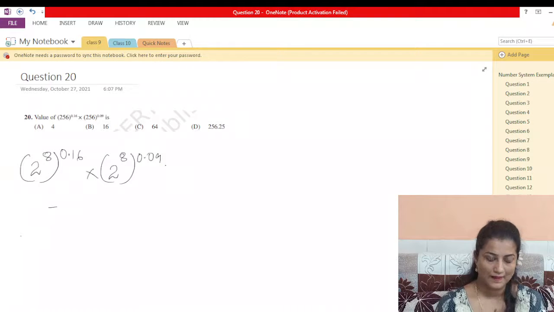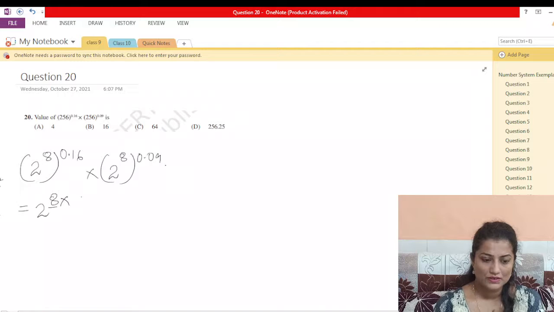Right? Now 2 raised to 8 and 0.16 can be written as 16 by 100.